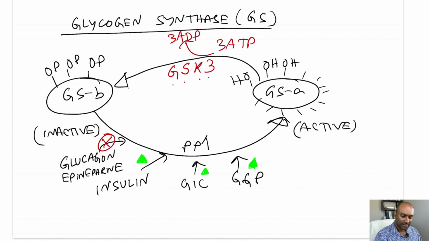Insulin does not want glycogen synthase to be inactive, so insulin will downregulate the activity of GSK3, because insulin is secreted under fed conditions. When you are fed, we want glycogen synthase to be active so that the excess glucose can be stored as glycogen. That is why insulin will prevent the inactivation, and it will trigger the activation, as we have seen here.